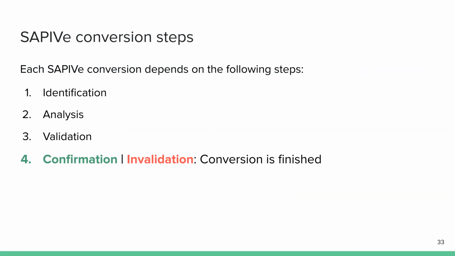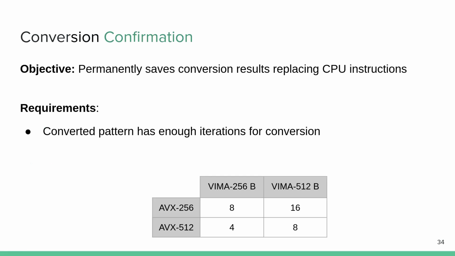The last step is a confirmation or an invalidation. A confirmation permanently saves the conversion results and replaces the pattern CPU instructions. However, a confirmation only happens if the pattern has enough iterations for the conversion, and this number of enough iterations depends on the AVX converted size and the VIMA instruction size used.